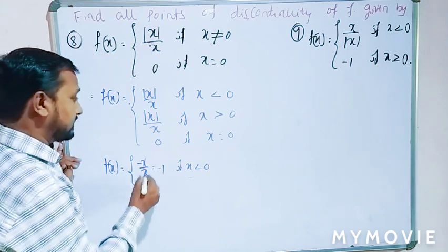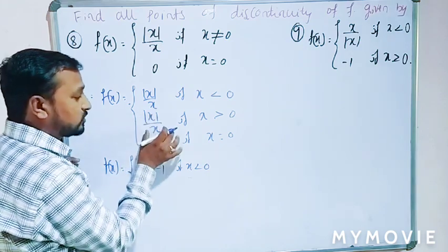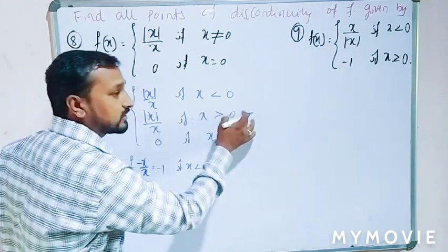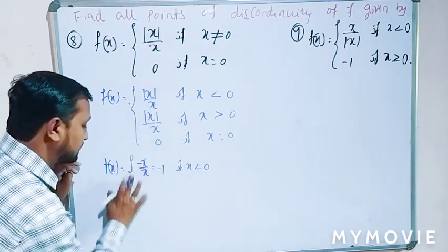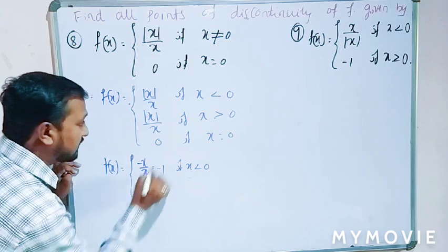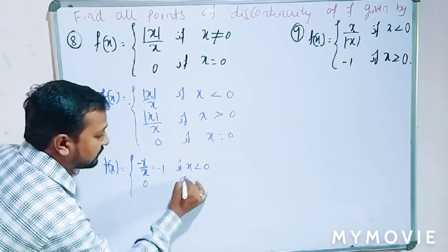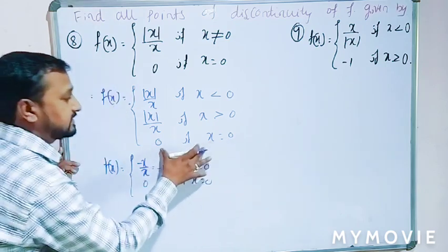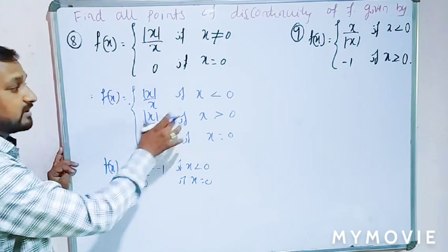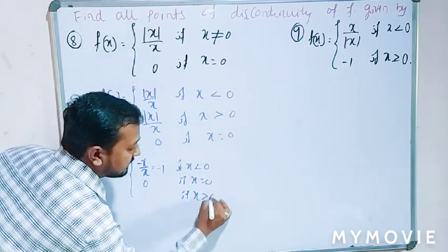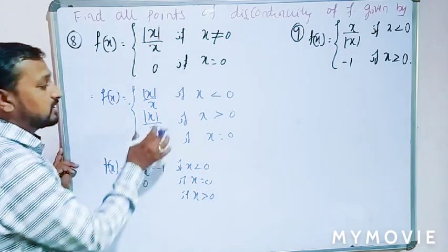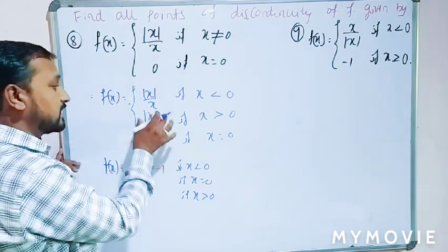Is that clear? And here also mod x divided by x if x is greater than 0: the value of mod x should be positive, and we have 0 if x is equal to 0, this is our condition. So if x is greater than 0, then the value of mod should be positive.